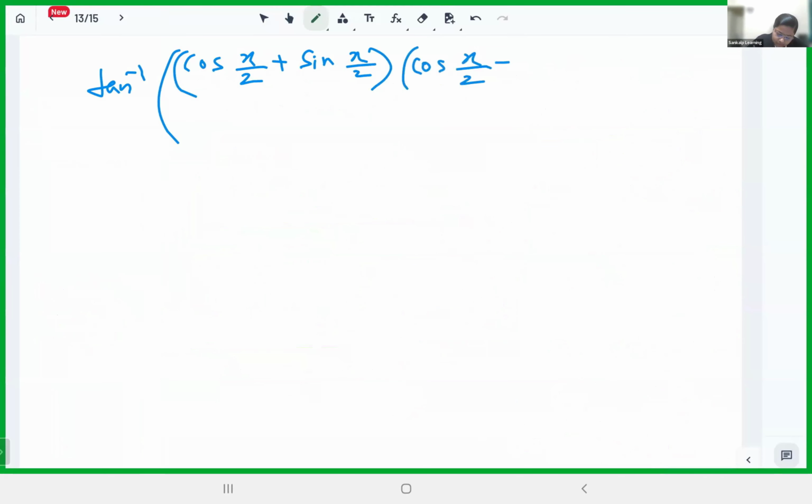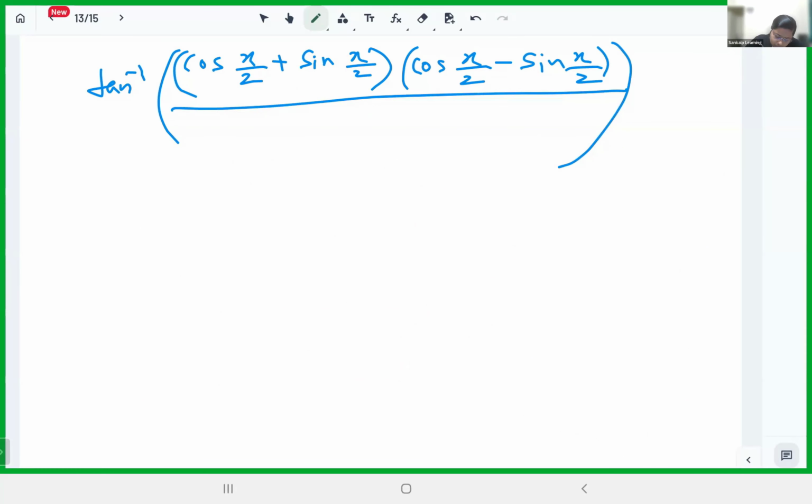I have converted the numerator into a plus b into a minus b, cos x by 2 minus sin x by 2, and the denominator into a minus b the whole square form, which is cos x by 2 minus sin x by 2 into cos x by 2 minus sin x by 2.